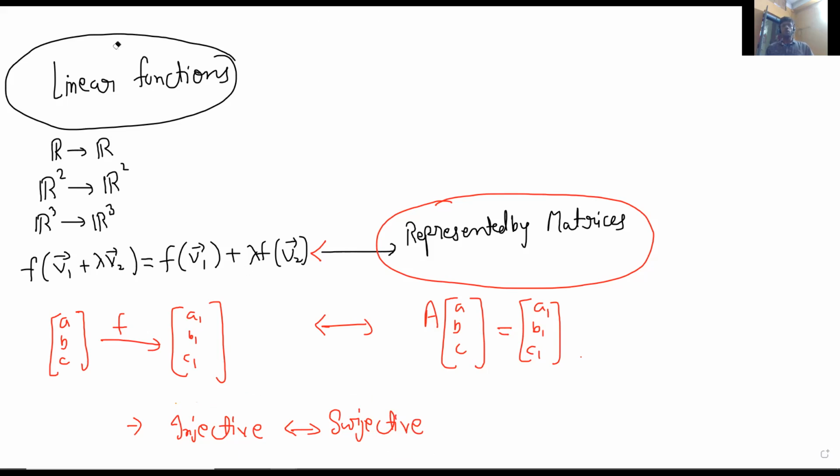So today we will try to see how we can use this theory of linear functions and its connection with matrices to understand, I'm not saying solve, systems of linear equations, because there's much more than just solving.